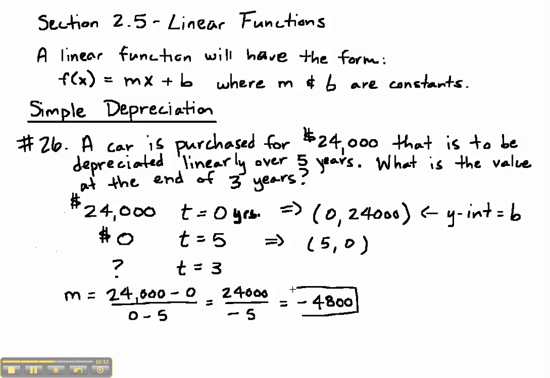So we have the slope and we have the y-intercept. So we can write our line, our function, in terms of f of x equals mx plus b, and write that as f of x equals negative 4,800x plus 24,000. And then we're finding the value at the end of 3 years. So x is equal to 3, so we can just substitute 3 into our x.